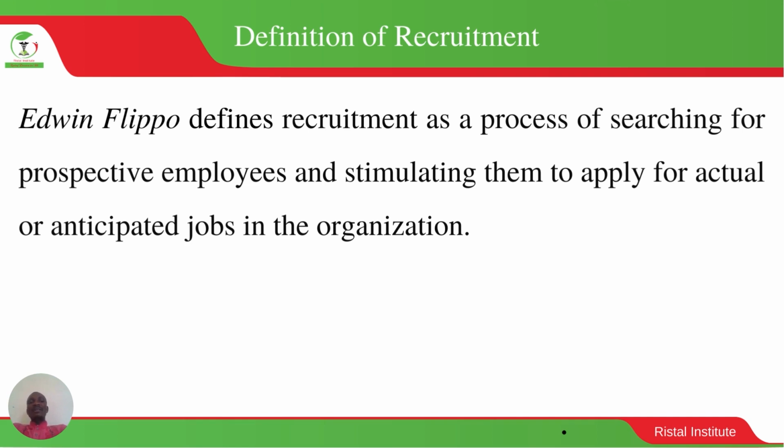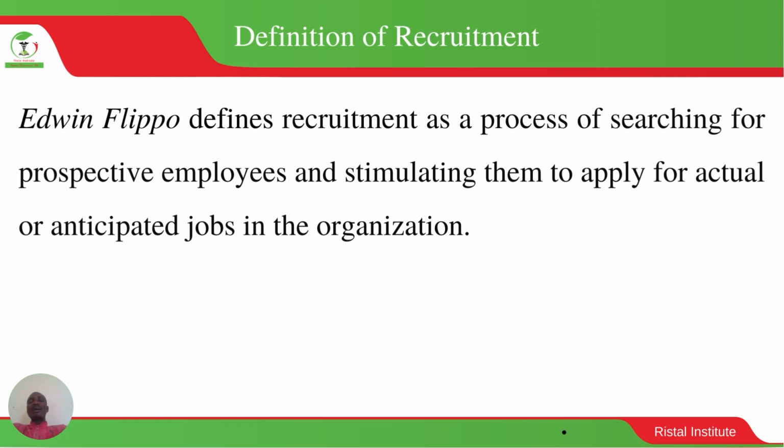When you talk of anticipated jobs, we are talking about a project which is supposed to be implemented in future. It could be 3 or 4 months to come, or even a year. An organization will prepare for the recruitment now, so that when the time comes, the workload will not be too much.